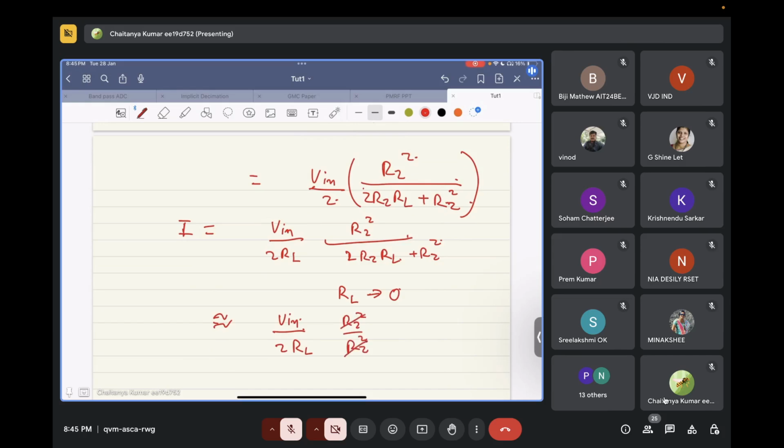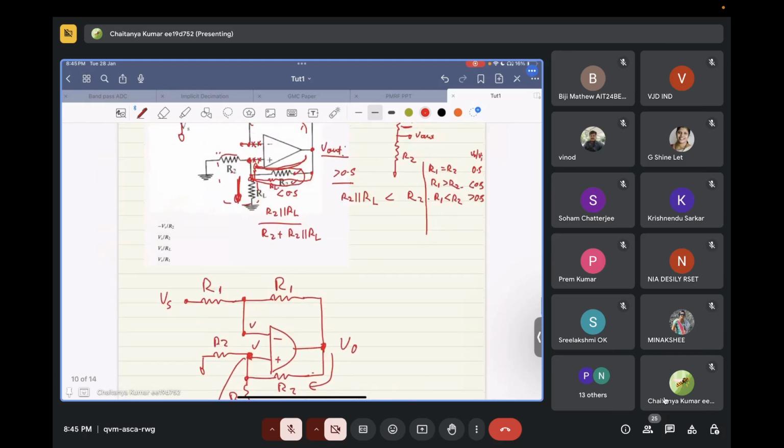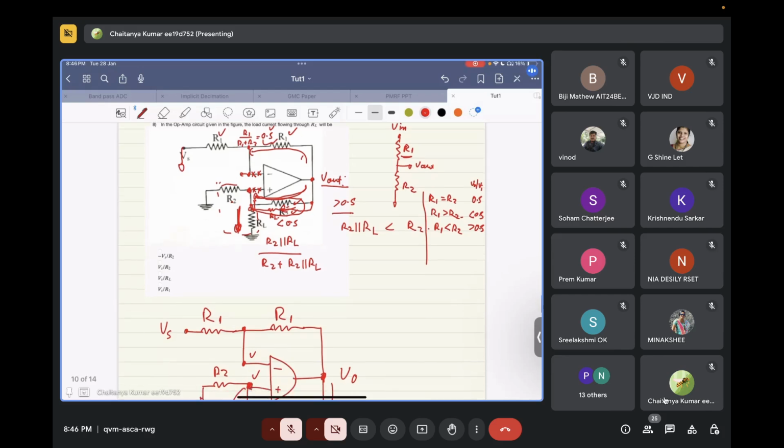This 2 will be cancelled, so we will have V in by 2 RL, if the load resistance is much smaller than R2. Okay. So you can go through the algebra by yourself and try to verify this. Is this clear?